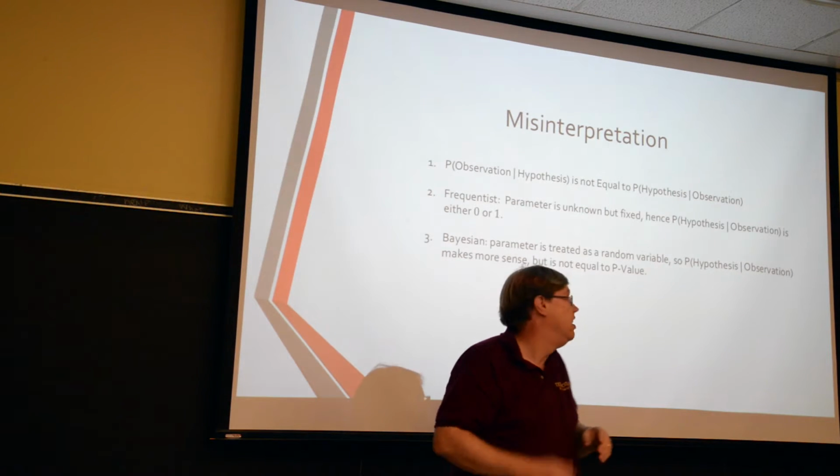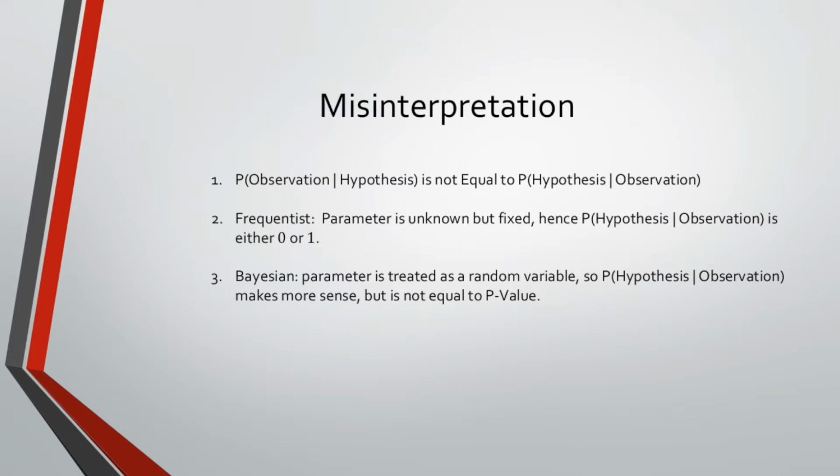What people want it to say is the probability of the hypothesis given the observation. Those two conditional probabilities are not equal. In the frequentist case, it really doesn't make sense, because the parameter is unknown. This mean is unknown, but in the frequentist case, which is how most statistics is taught, we think of the mean as this fixed unknown value. So what am I talking about?